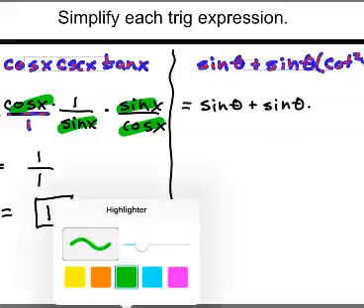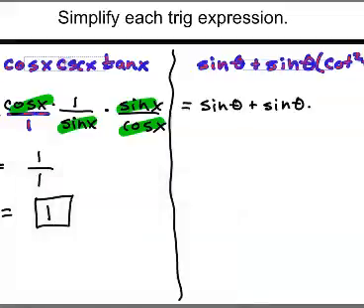Maybe I'll do it in a different color just so we see what we're changing. So cotangent is cos over sin, and we'll write that out twice: cos over sin. See what we end up with. I'm just going to remind myself this is over 1, but that is a separate term, right? That's a separate term.